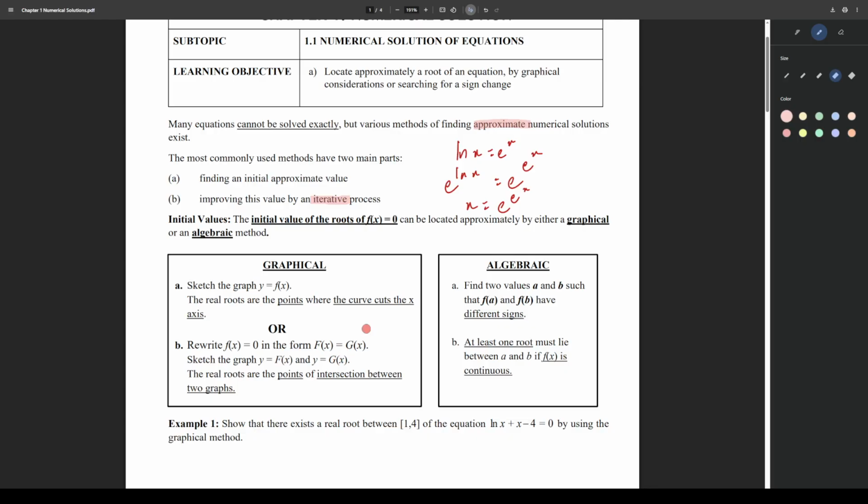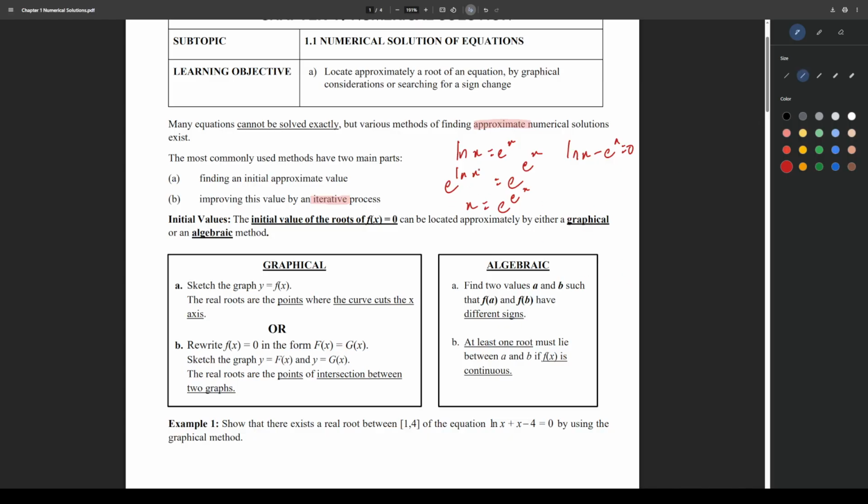Okay, so contohlah kamu ada ln x equals to e^x. So you rewrite the function into ln x minus e^x equals to 0. On the right hand side kamu ada 0 lah, kamu pindah semua ke kiri.